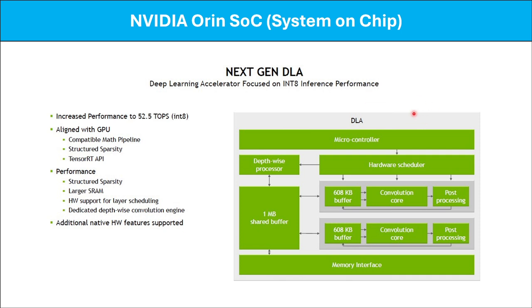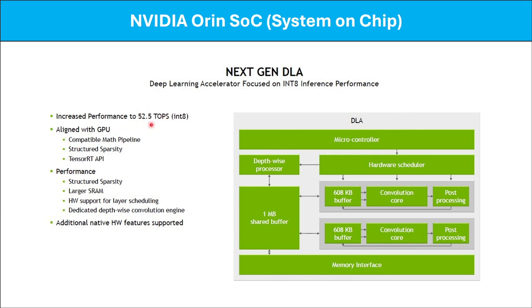We have a short description of this part of this block or its architecture. What does it consist of? Increased performance. We see this is some, let's say, deep learning accelerator. This is maybe some kind of pre-processing or what it is, we will see later.